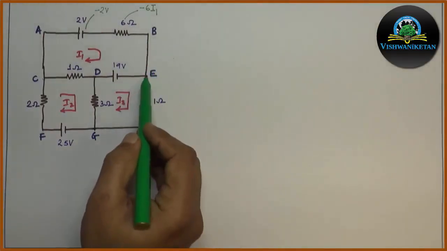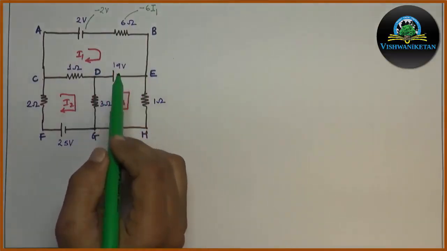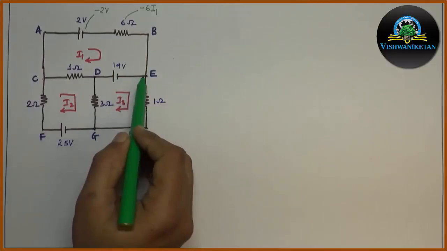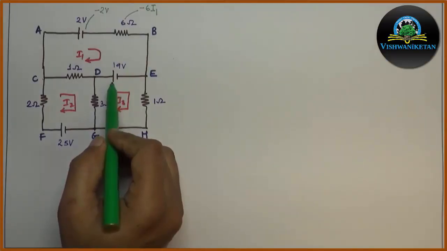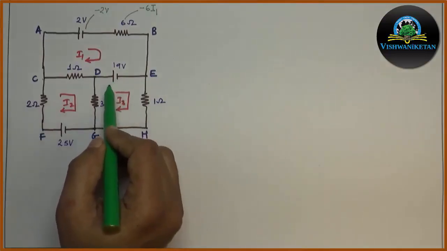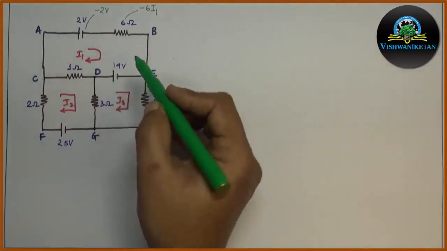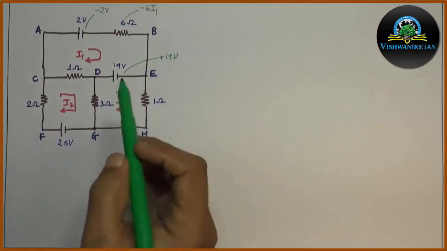Next we will move to E to D. E to D we have a 19 volt battery. As per sign convention, when we move from E to D, the first terminal appearing will be negative and the second terminal appearing will be positive. Hence, this 19 volt will be taken as plus 19 volt in the system.